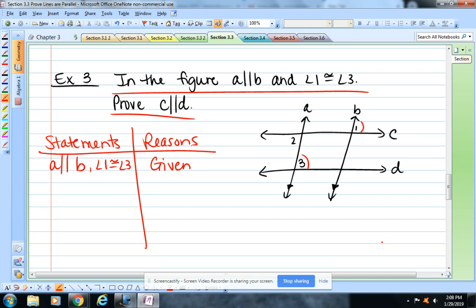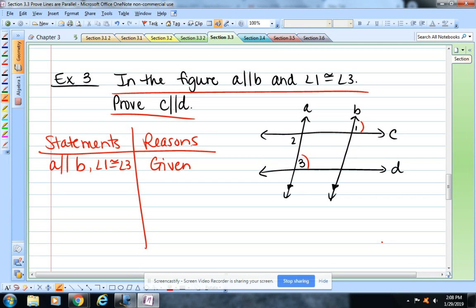Okay? So let's look at this. 1 and 3 are congruent. All right. So all I know right now is that these two lines are parallel. So ignore line D for a second and look at line C. The angle 1 and angle 2 have a relationship. What is that relationship?